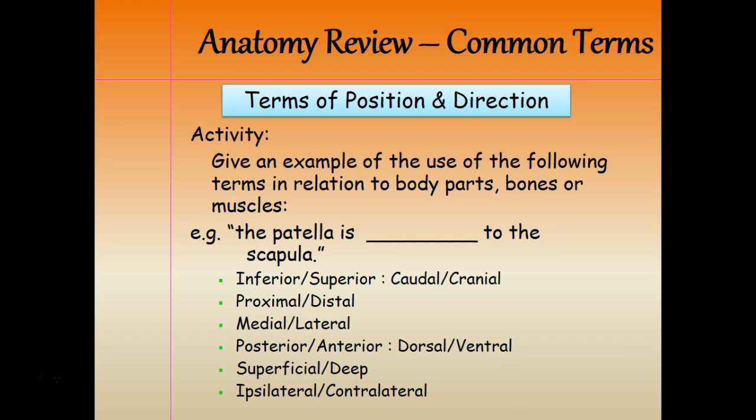What would you say the patella is to the actual scapula? Most people probably would say that the patella is either inferior or caudal to the scapula, or since we're referring to a joint and not a limb, yes, it would be inferior or caudal.